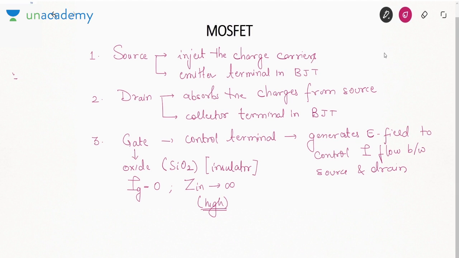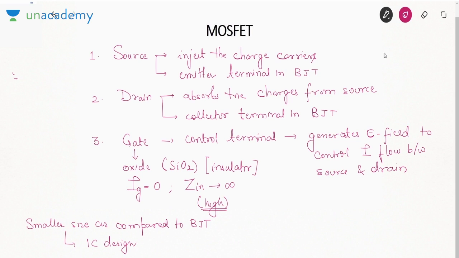The second thing is MOSFET has smaller size as compared to BJT. If MOSFET has smaller size as compared to BJT, it can be used in IC design.